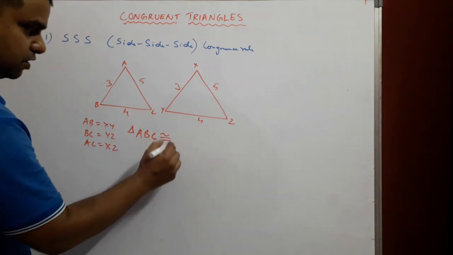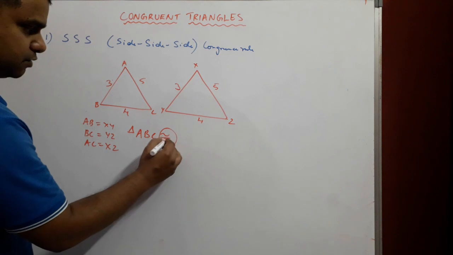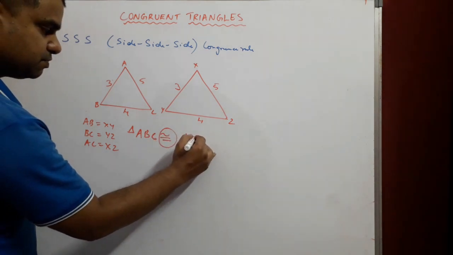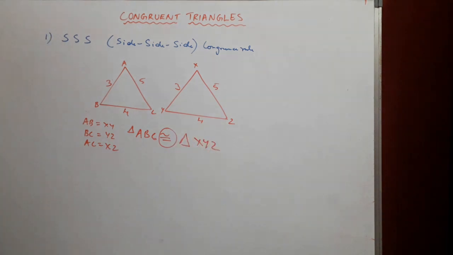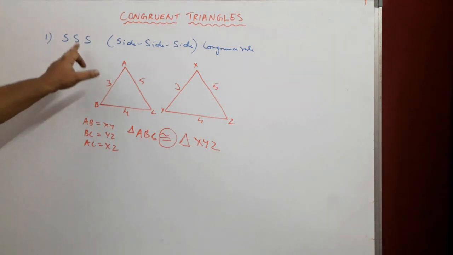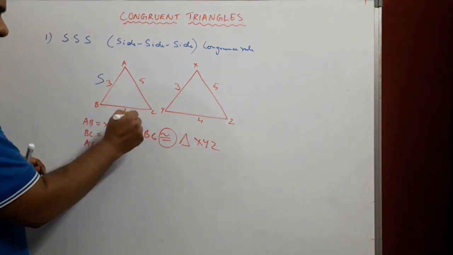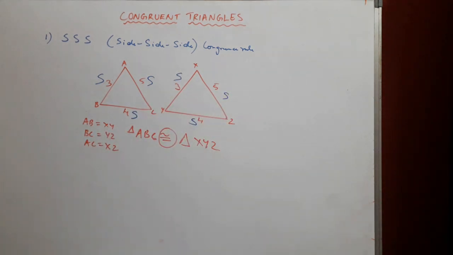This is the symbol of congruency, an equal to sign with a sliding S. Got it? So these two triangles are congruent by SSS. Fine. Let's go to the next one.